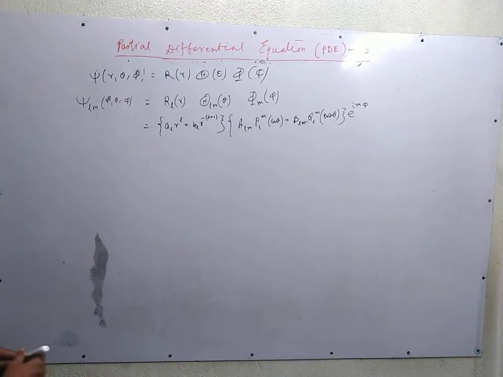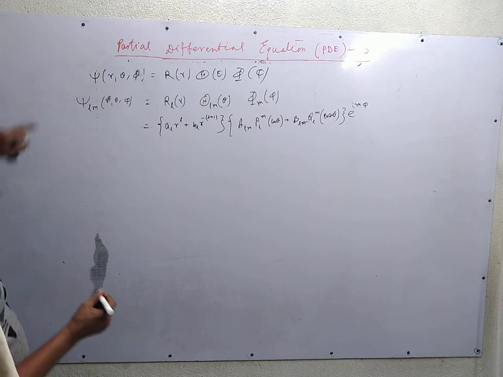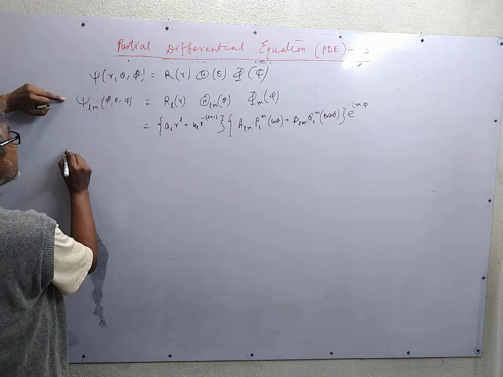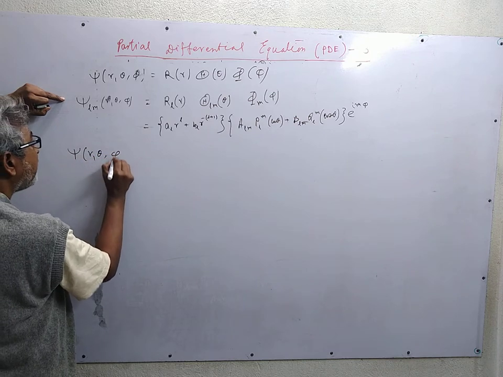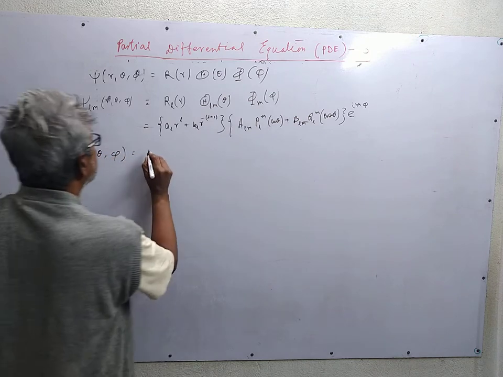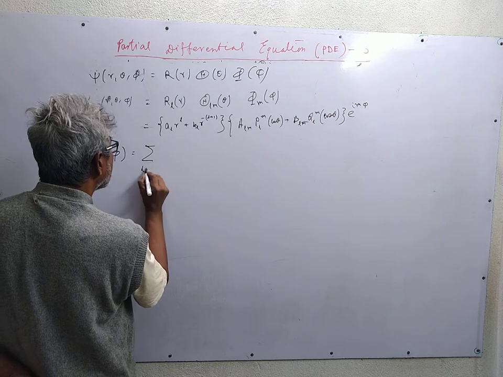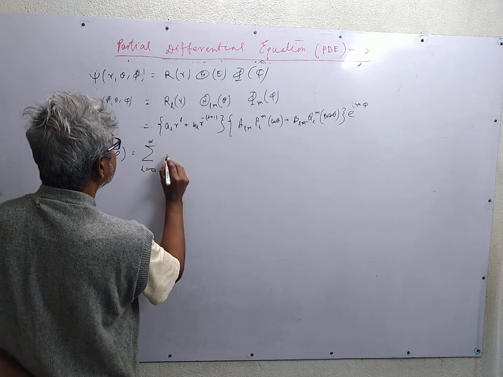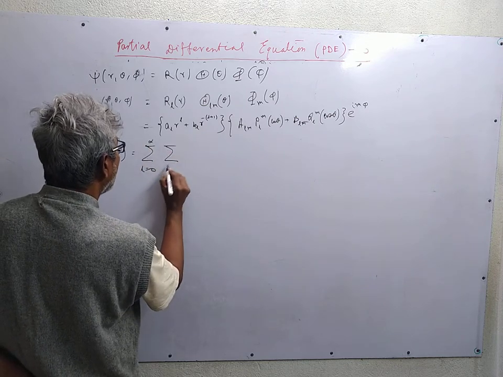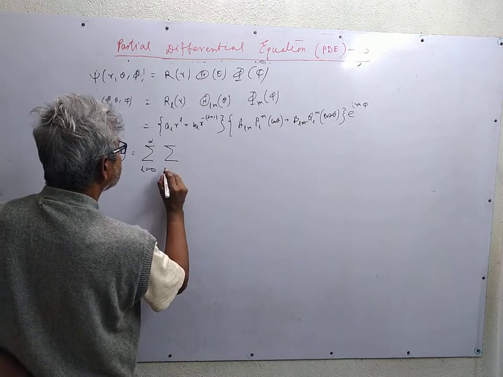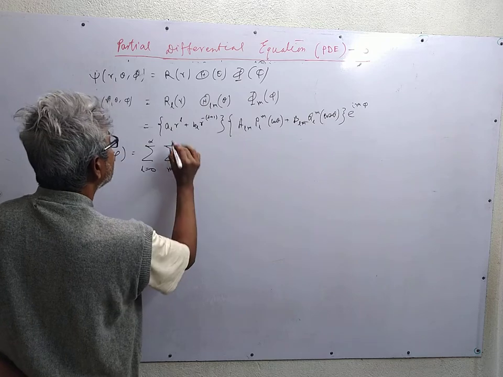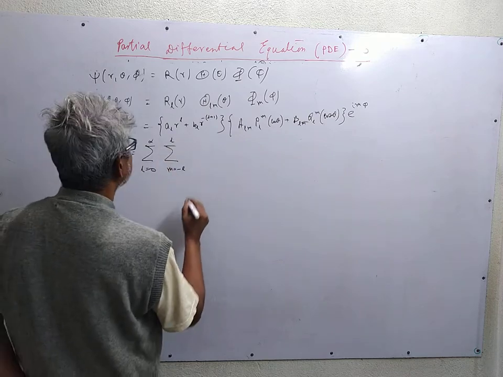So the most general solution is obtained as the linear superposition of all such solutions. So the general solution of r, theta, phi is obtained as summation over L equal to 0 to infinity, and for a given value of L, M ranges from minus L to plus L in steps of unity.